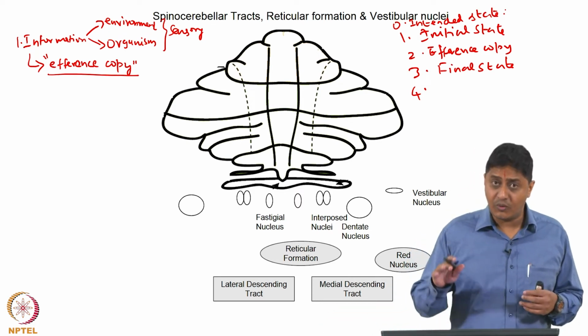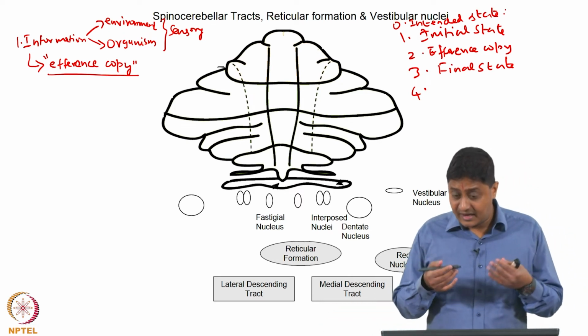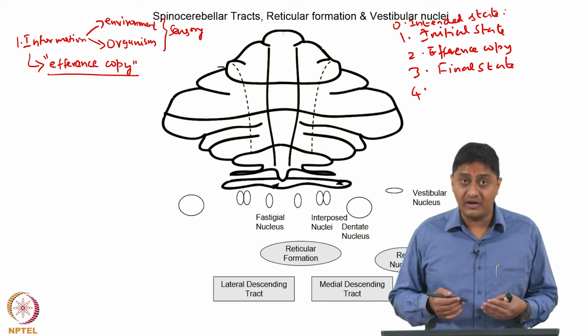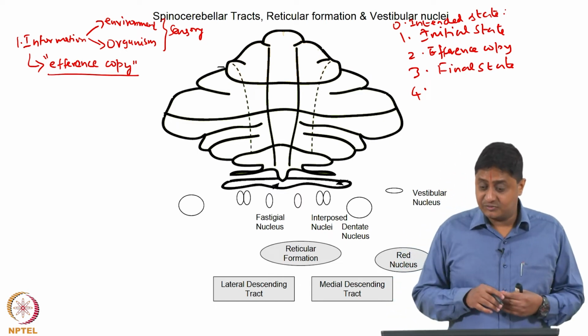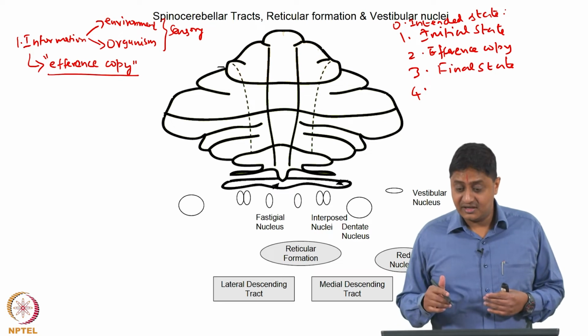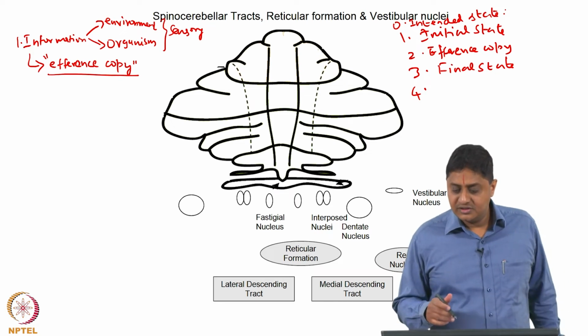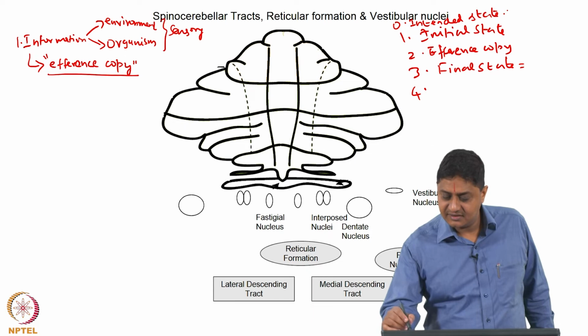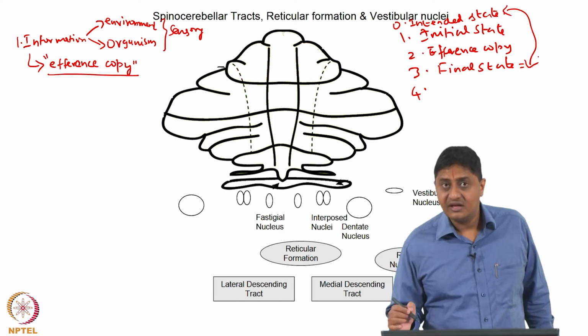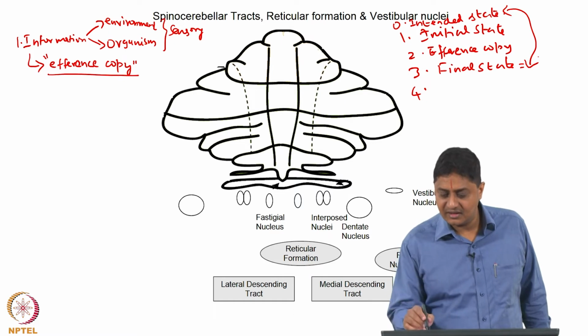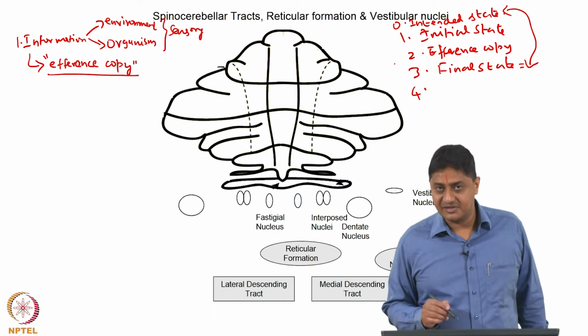But so, I know what I want to do, I know where I am at this moment, I know what is the command that has been given, I also know what is the final state. The goal is to ensure that the final state is the same as the intended state. These two must be the same. If they are not the same, then there must be a correction that must be made, is it not?